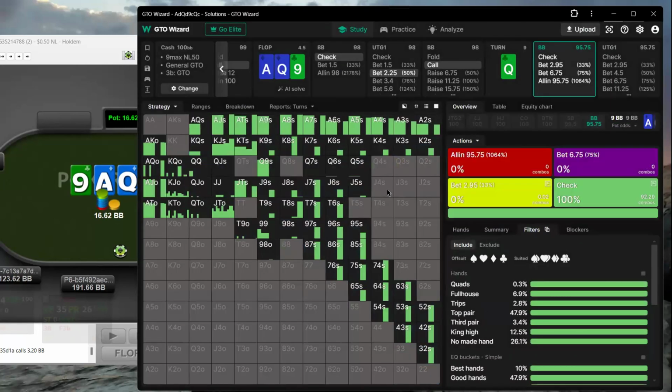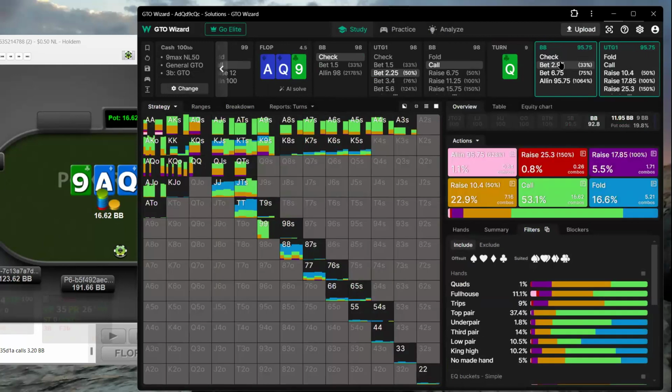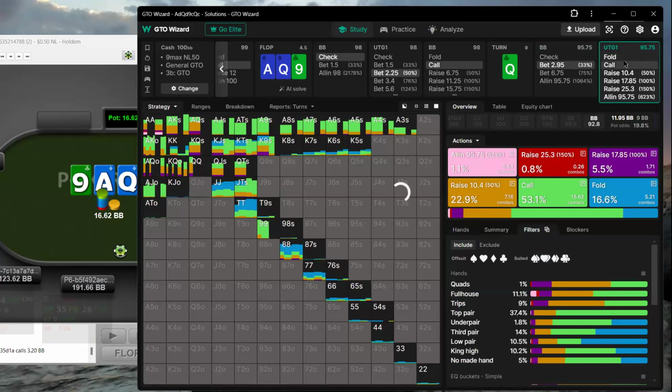Here's where I wanted to see if we got donks, and we didn't. I thought we had donks on that card too. Let's see. There's a little sliver, but I don't know if our hand falls in that sliver. He calls with his jack 10 of hearts, so he's got a gut shot.